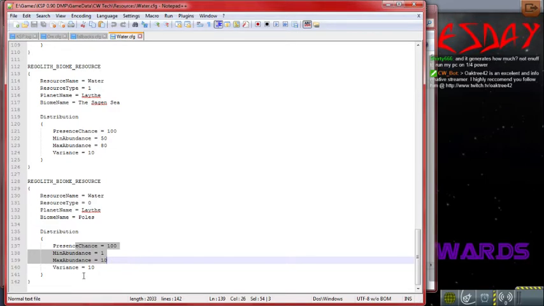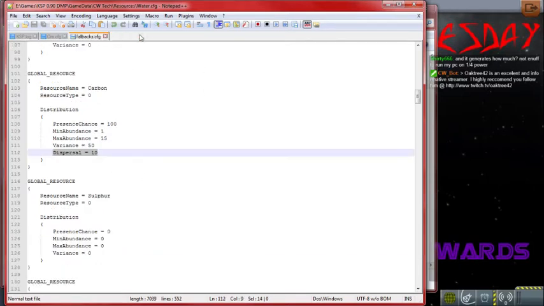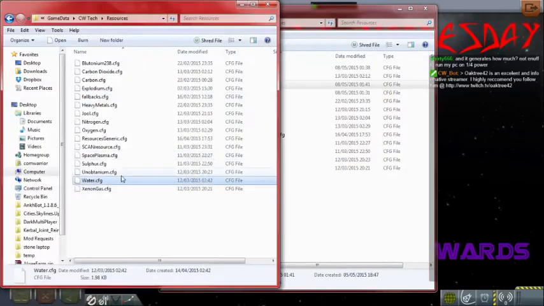So I'm quite sure that the water config that is within the community resource pack will shortly be getting deleted. So what do we need to do to update that? First of all, copy it over.